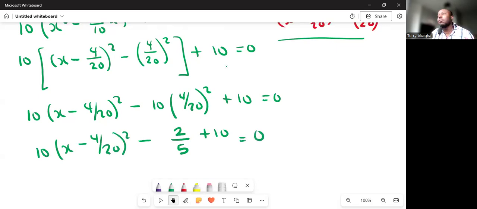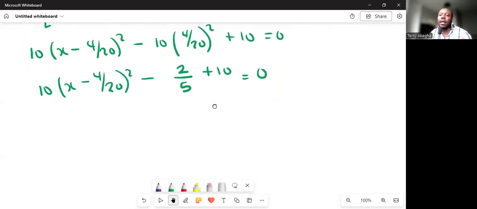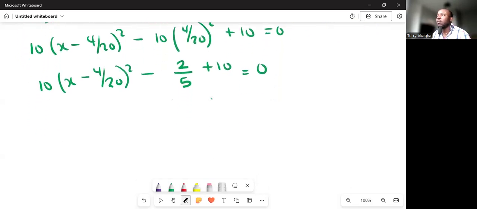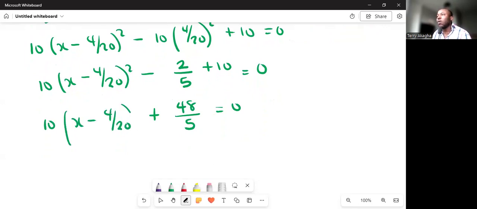Now, minus 2 over 5 plus 10 is going to give you plus 48 over 5 equal to 0. Then we have 10 x minus 4 over 20 all squared. Now we take this to the other side.